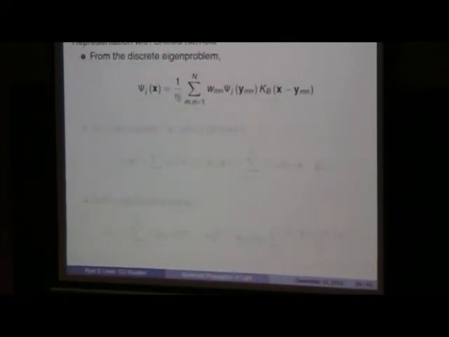Now we have one more trick. If you take that discrete form of the eigenproblem and you move the eigenvalue to the right-hand side, this formula says that you can express the jth eigenfunction as a linear combination of shifts of that Slepian kernel K. So you can, with the appropriate weights, write the jth eigenfunction as a linear combination of those radial functions that involve the J1 of x over x.